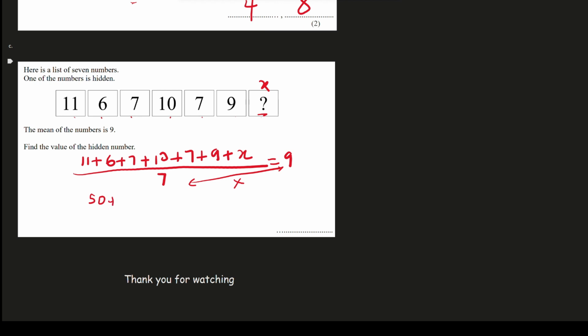So 50 plus x equals 7 times 9, which is 63. So subtract 50 from both sides. That's you finding the inverse, because the inverse of addition is subtraction. And then x is equal to 13. So my x here is 13.